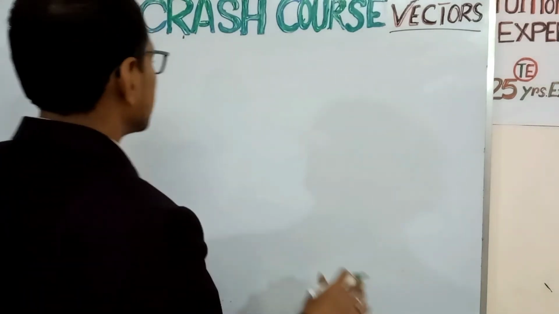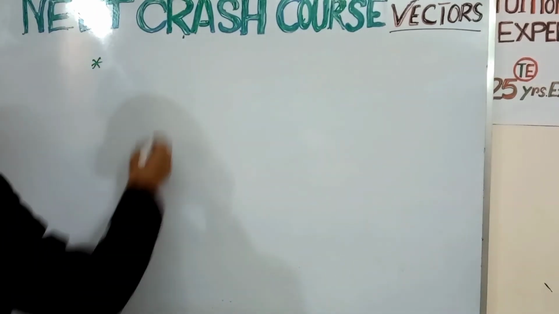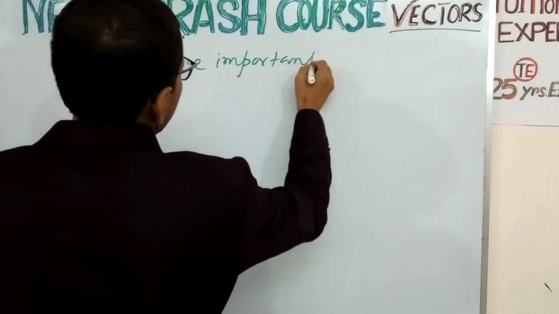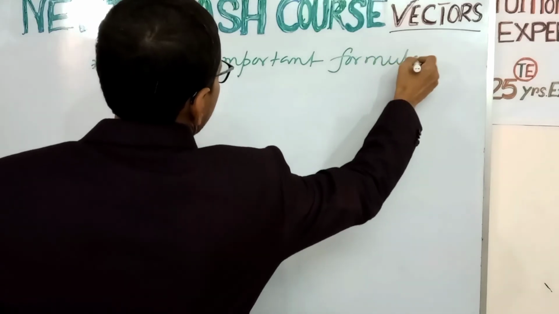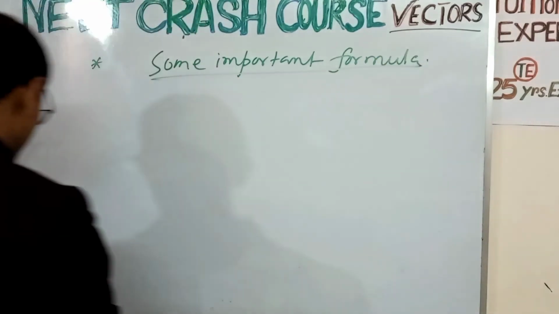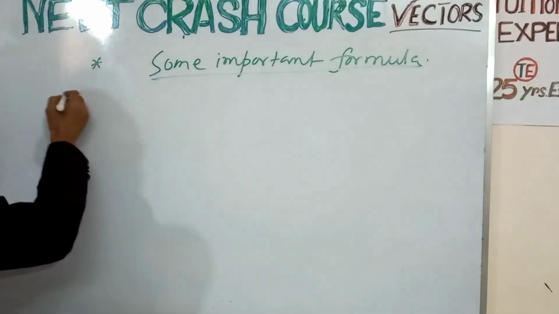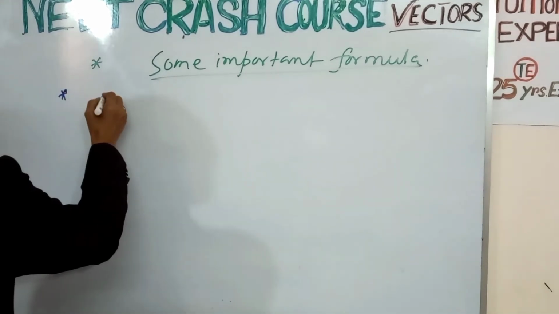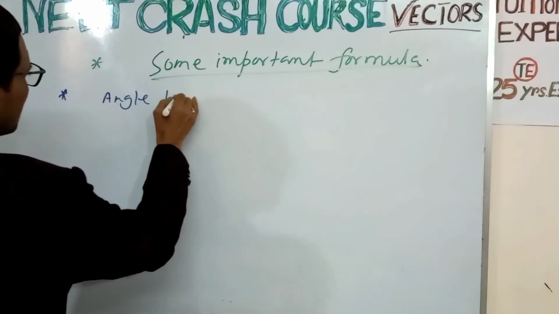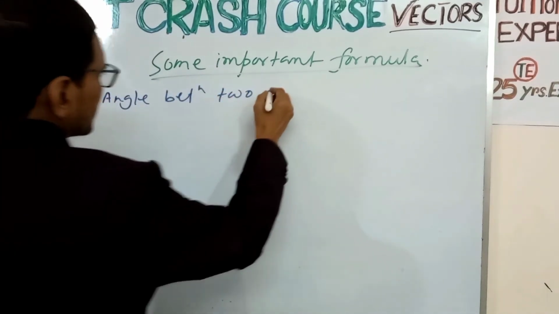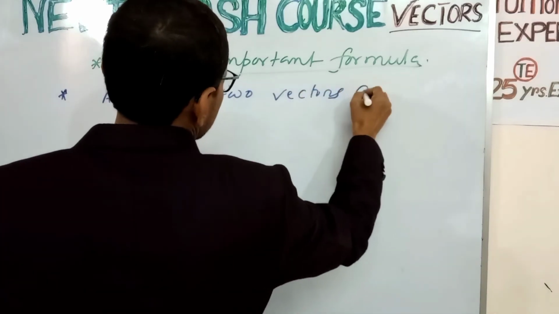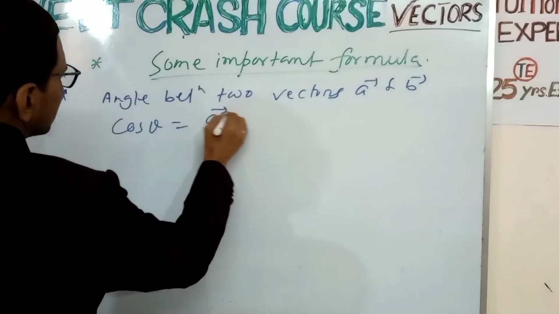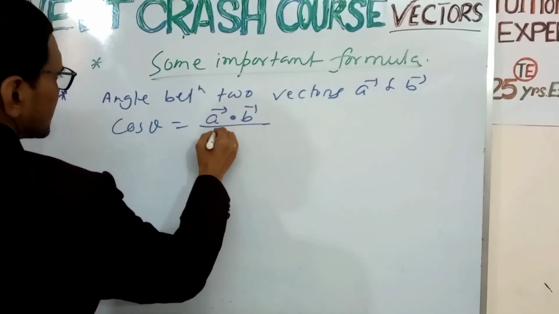Okay. Now some important formulas. First, the angle between two vectors a and b can be written as cos theta equals a dot b by mod a mod b.